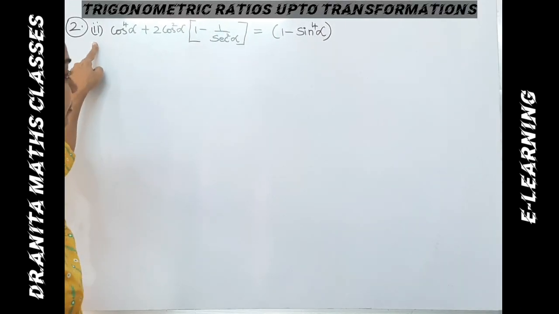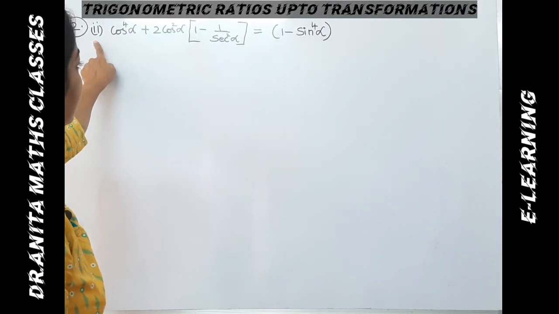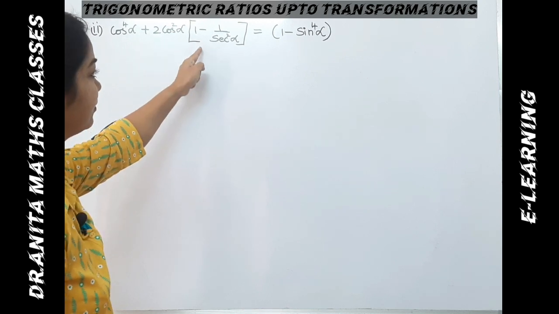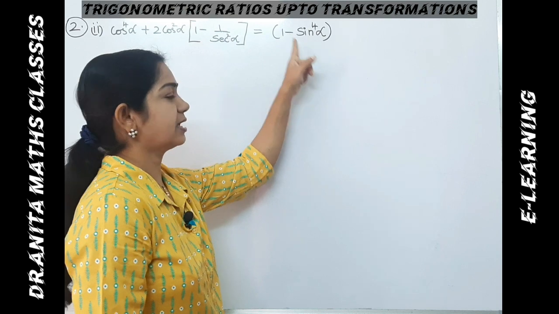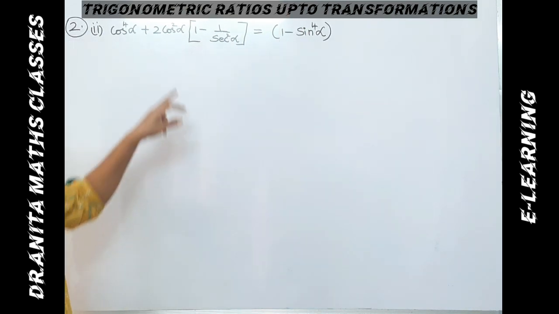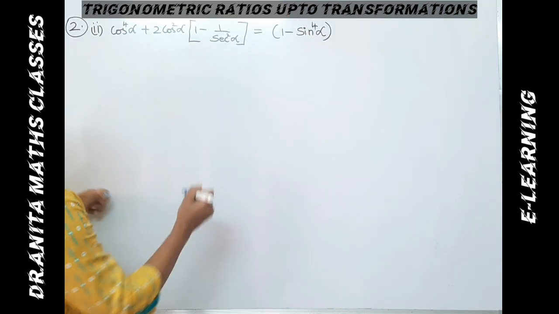Now the second problem: cos 4 alpha plus 2 cos square alpha times (1 minus 1 by secant square alpha) is equal to 1 minus sine to the power of 4 alpha. Here we will start with the LHS.